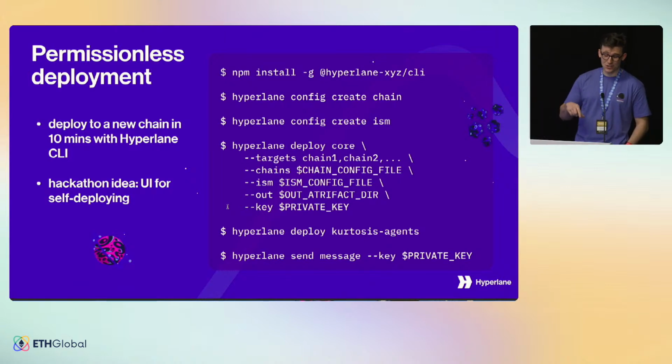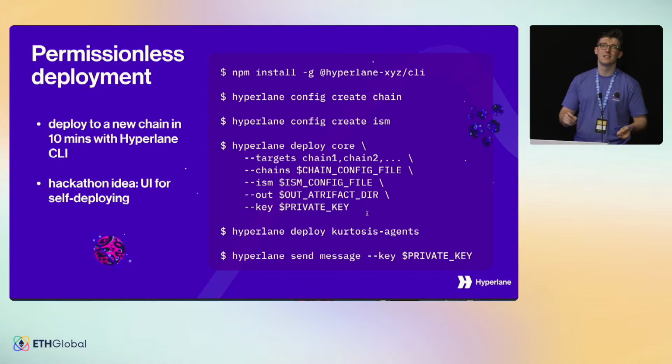But now you need infrastructure to connect those various chains, right? Again, using the artifacts from the earlier commands, you can run Hyperlane deploy Kurtosis agents, and Kurtosis is this cloud infrastructure company that we've partnered with. It will take your JSON artifacts and output a URL.